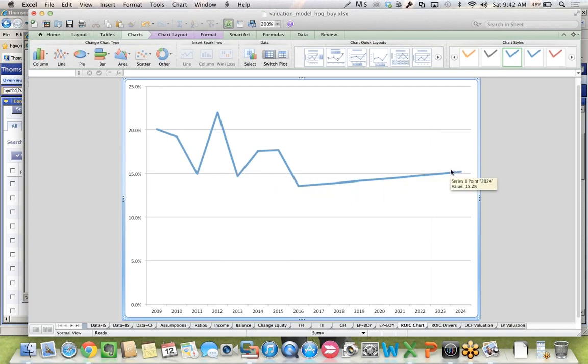So even if we look at the future, 47 could be argued as a high price, but it's not out of the bounds of reality because we're looking at a potential 15% ROIC, down from the high teens. So this still shows a decline.